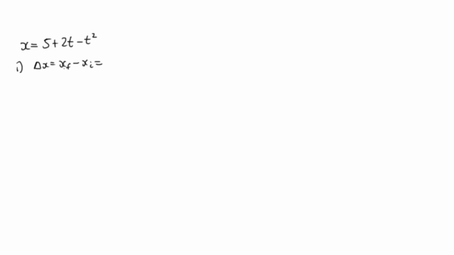And so the final position, that's x when t is equal to 5. So that'll be 5 plus 2 times 5 minus 5 squared. And then we need to subtract off the position at the initial time, which is t equals 0. So this will be 5 plus 2 times 0 minus 0 squared.